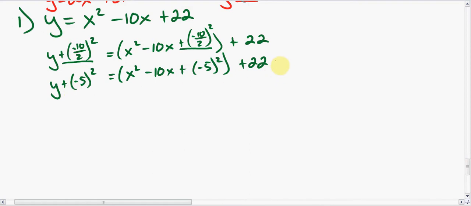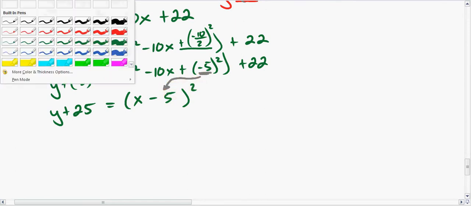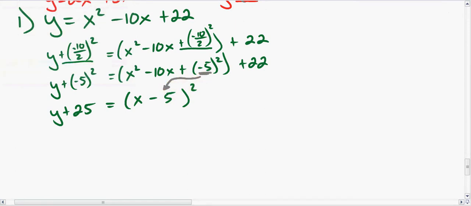So now we're going to complete the square here. Let's simplify this. We've got y plus 25 equals, and remember, just as we did before, we've got x, because we have a minus, it's going to be a minus 5. We don't need to square this and get 25, because whatever this number is transfers down here, just as it did in the previous couple problems we did in part 3 of section 4.7.